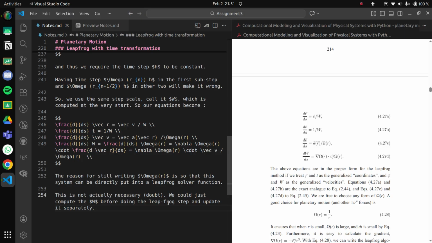The good thing is that W can be computed directly because we are basically doing it as omega of r.